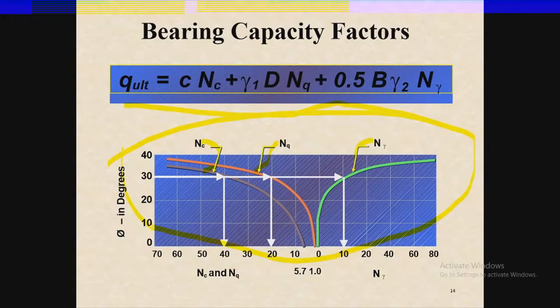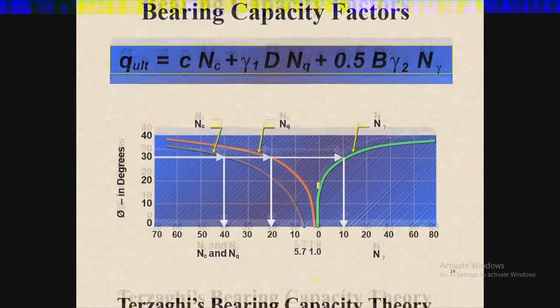Let's suppose the value of phi is 10 degrees, then the value of NC will be almost 10. Similarly, via the intersection procedure, you can find the values of different bearing capacity factors based on different soil friction angles.